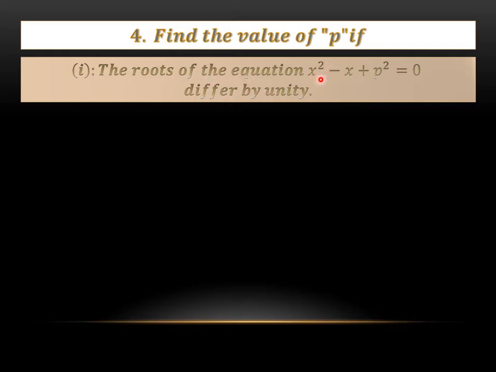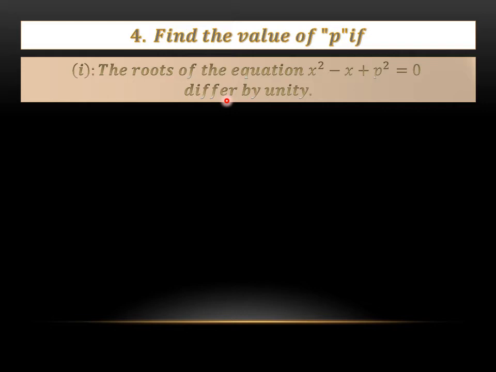As you know, the equation is always used to find the values of sum and product, and then the rest of the statement we are going to change into mathematical form. Whenever the question has the word differ or difference, we don't take the values of alpha and beta.